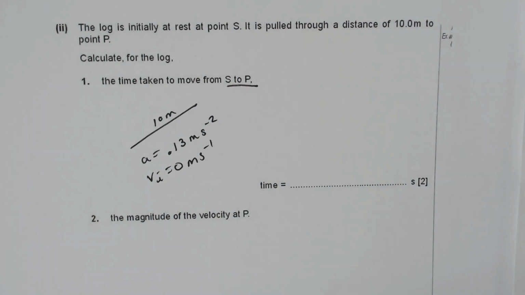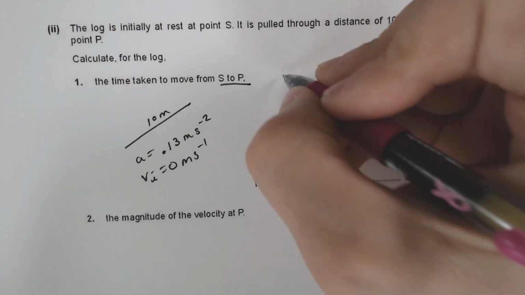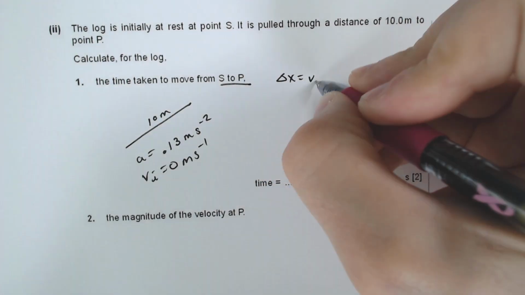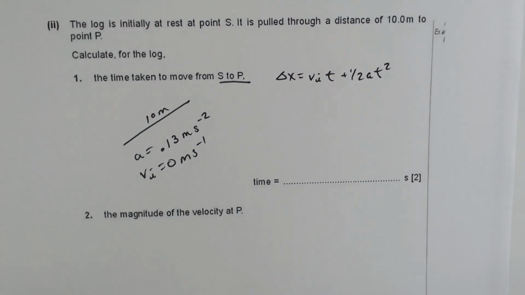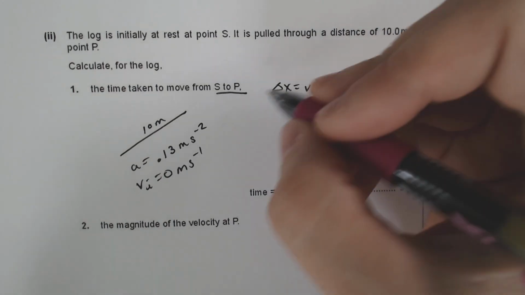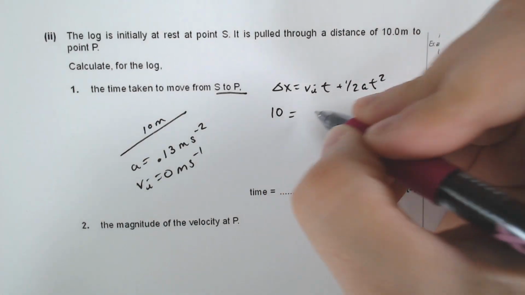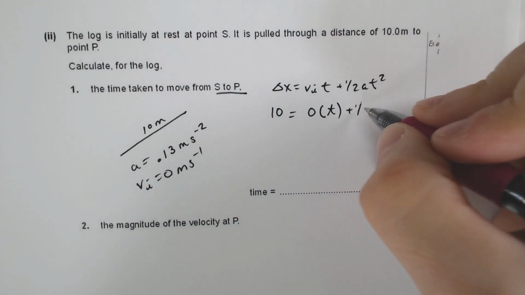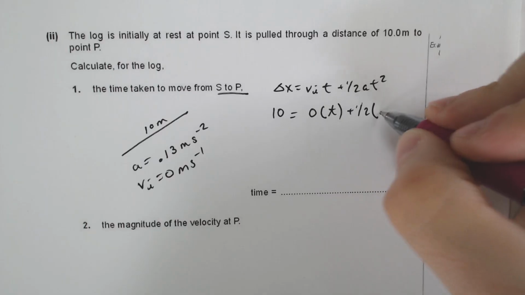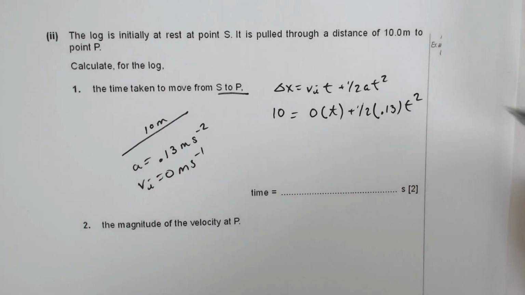Okay? I think that's enough to just do the problem. Let's see. We've got delta x is equal to vi times t plus 1/2 a t squared. That's the equation. I got it right on the first try. Our delta x would be 10. Our initial speed would be 0, so we can plug in 0 if we want to, but we don't have to. 1/2 times 0.13 t squared, and we just solve.